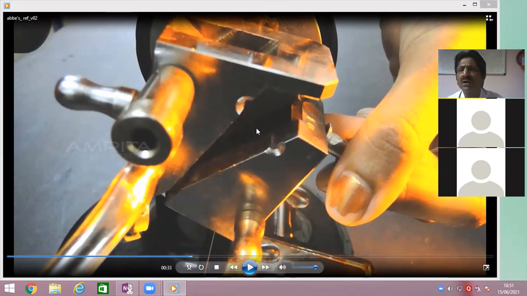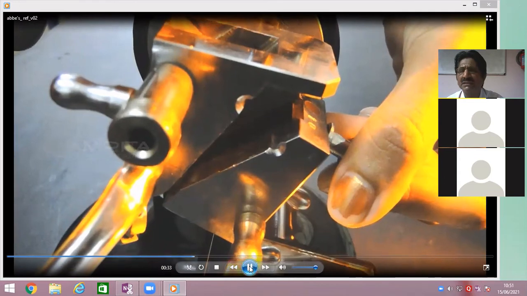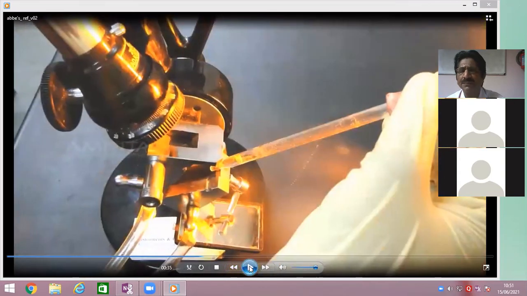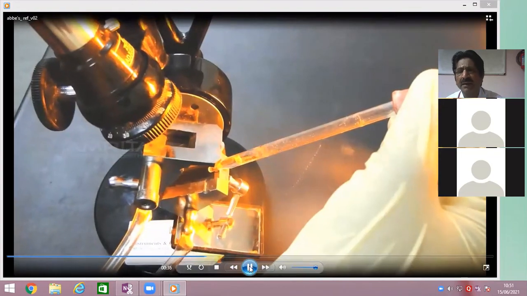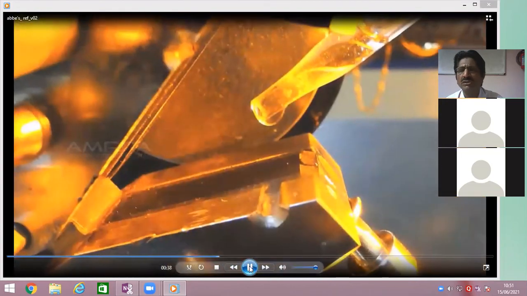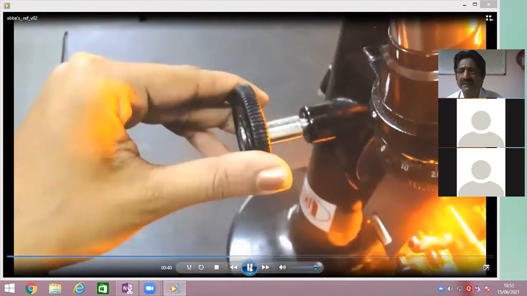The liquid is added here, and after adding we close it.